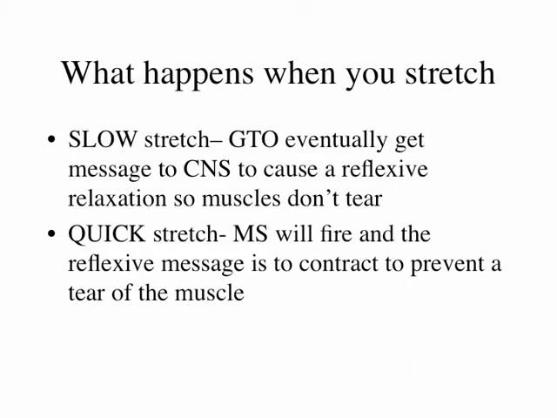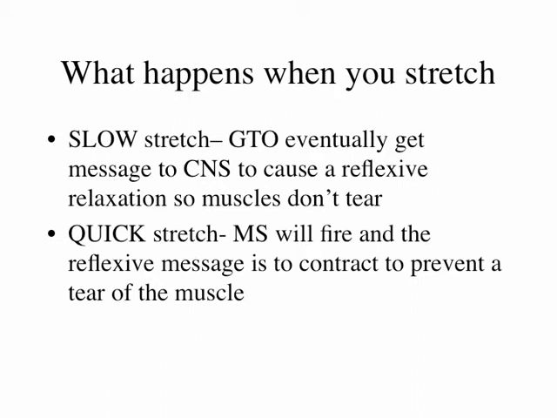On the other hand, if we do a quick stretch, so I quickly kick my leg up, doing a quick stretch of the hamstrings, and I kick high enough and fast enough, the muscle spindles will then fire, and it sends its message, and the message for that is a contraction. So we have a reflexive contraction message.